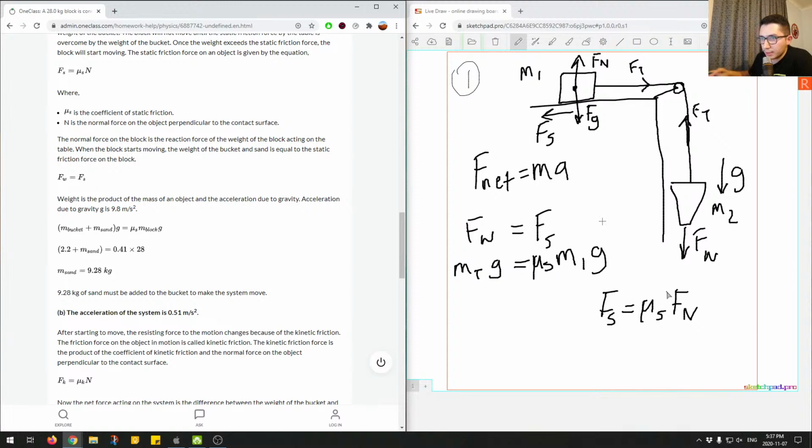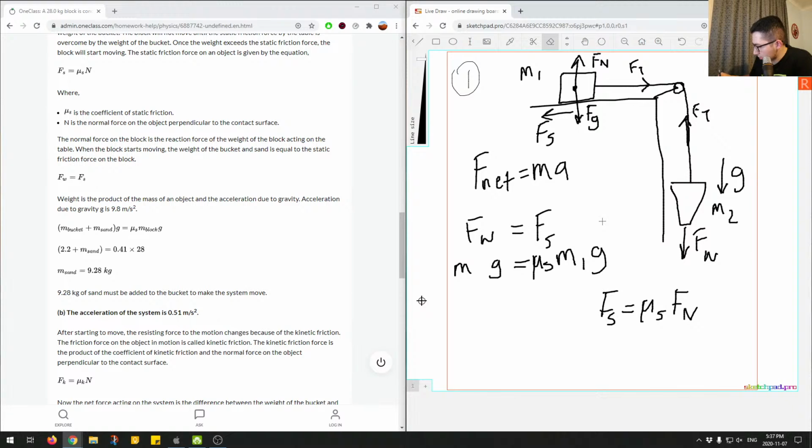Just evaluating this, we can see that the total mass, actually the mass of the bucket and the sand, so everything on this side. So here it's not the total mass of both objects actually. So let's go back here. I'll erase this.